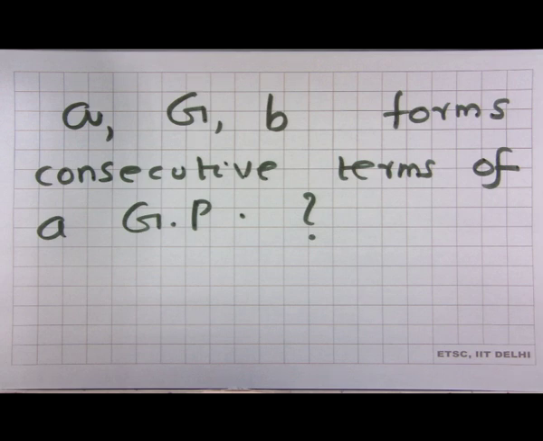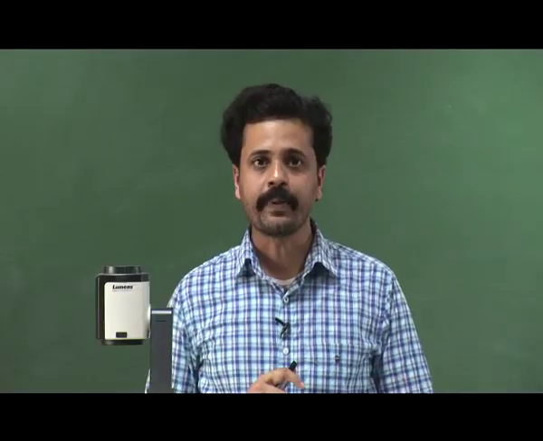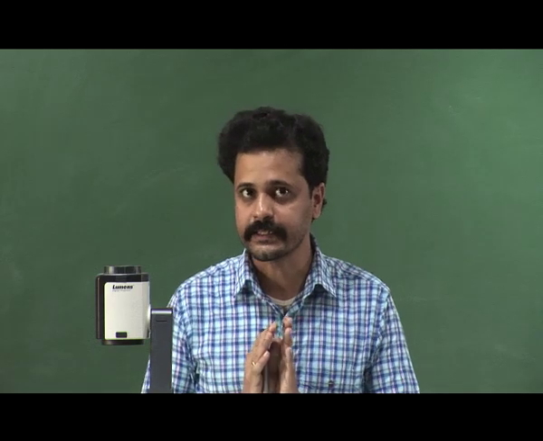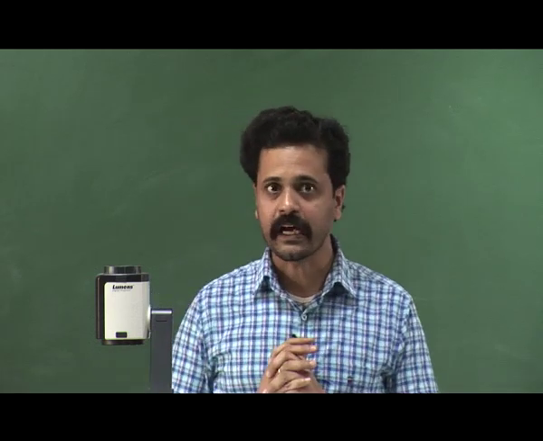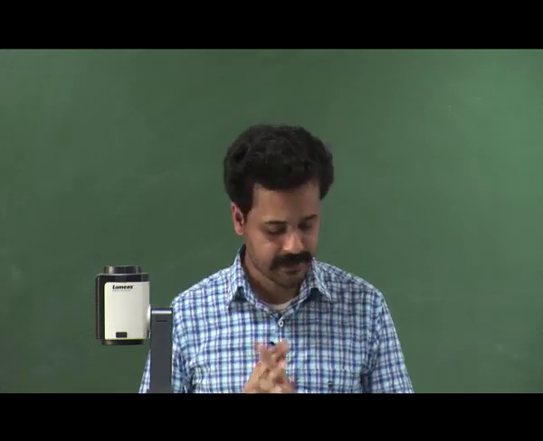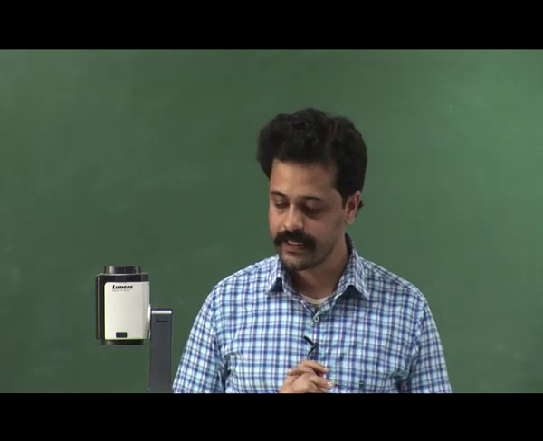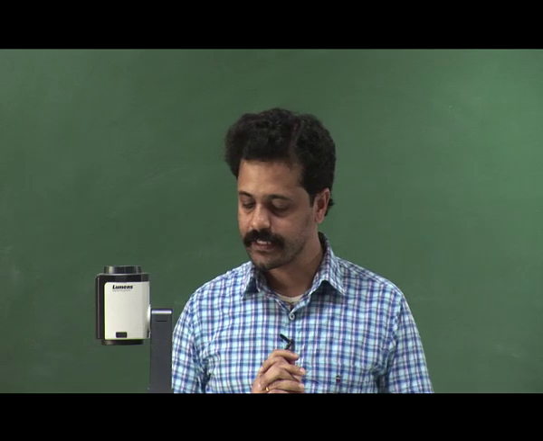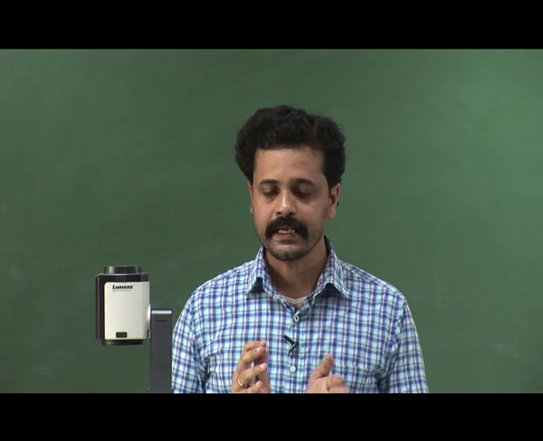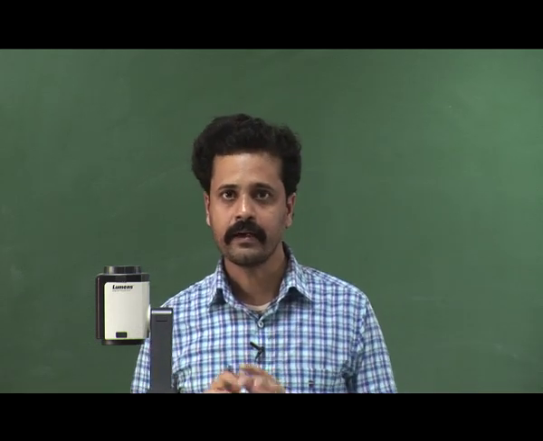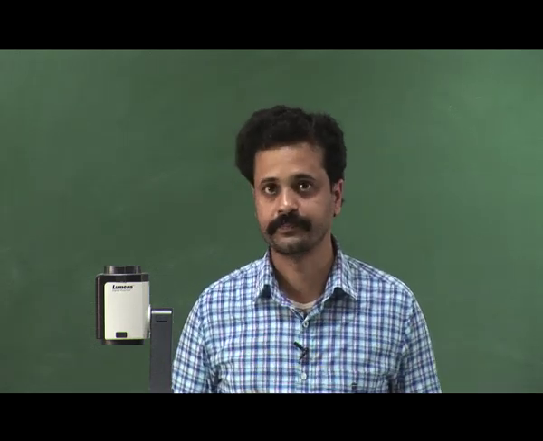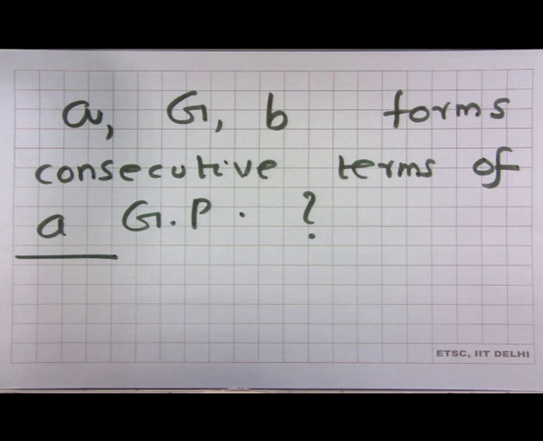Hope you understand the question. You are supplied with two numbers. For the time being, let us not impose any condition on A and B except that they are reals. Question is, can we always find a number G such that A, G and B form terms of a geometric progression? Let us settle this question.